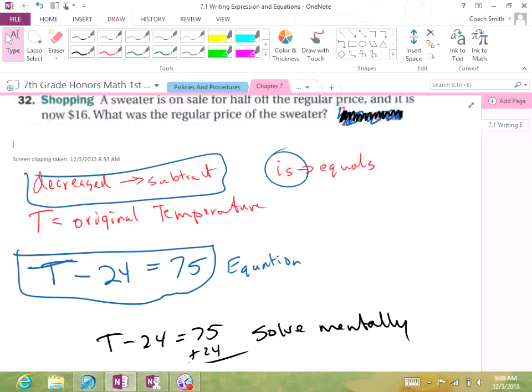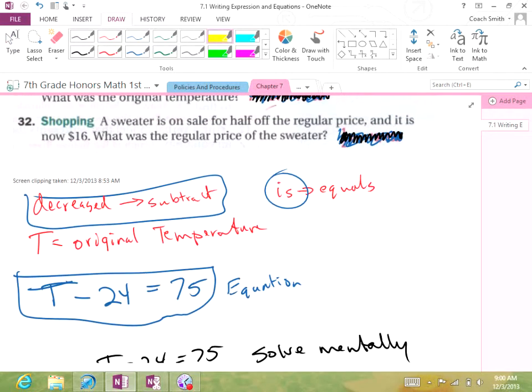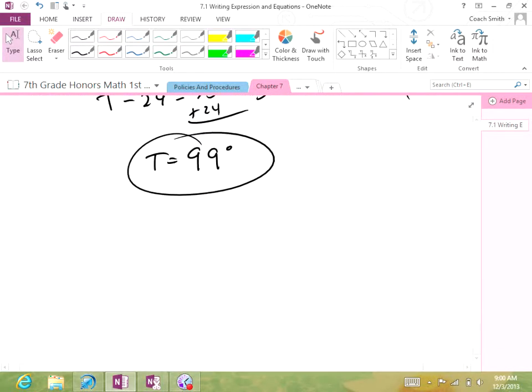Okay. All right. Let's look at, a lot of y'all are correct, or several of you are correct. It says half off. Okay? Half off means this. 1/2 times something.